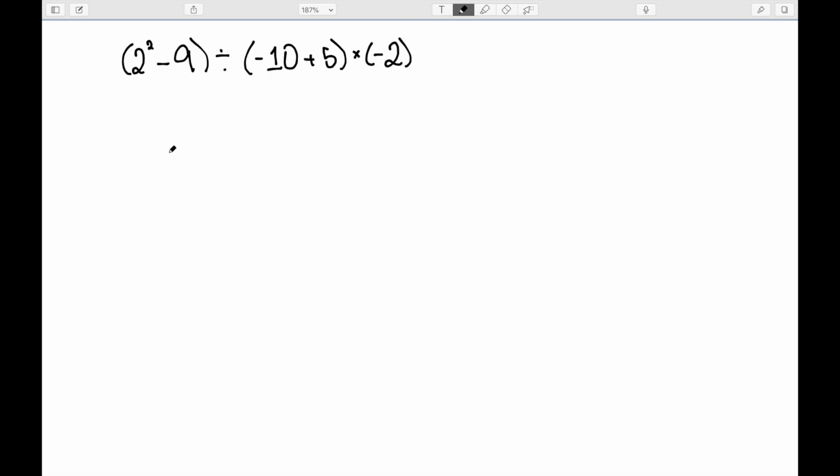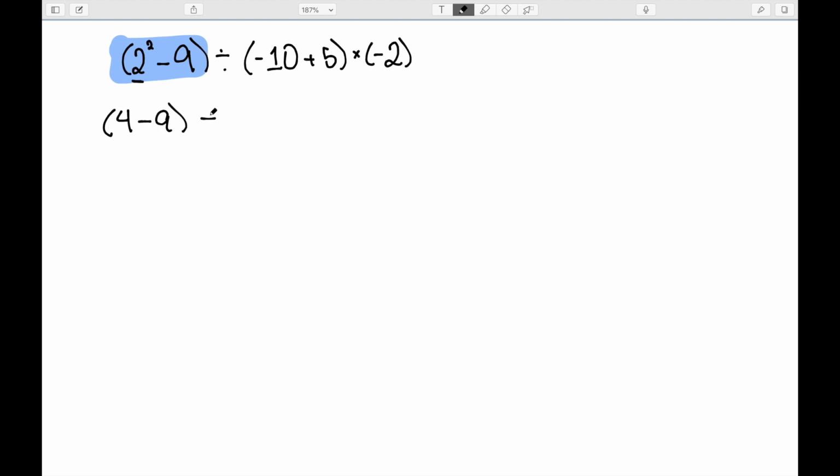Let's look at something even more complicated. Here I actually have 2 parentheses. And when we have multiple parentheses like this that are separated, it doesn't matter which one we start with. So let's start with this first one here. Well, the first thing I need to do inside this parentheses is the exponent, since the second step would be exponentials. 2 squared is 4.